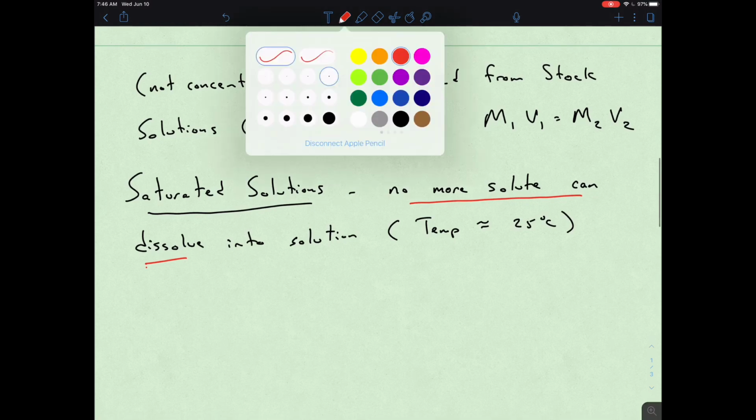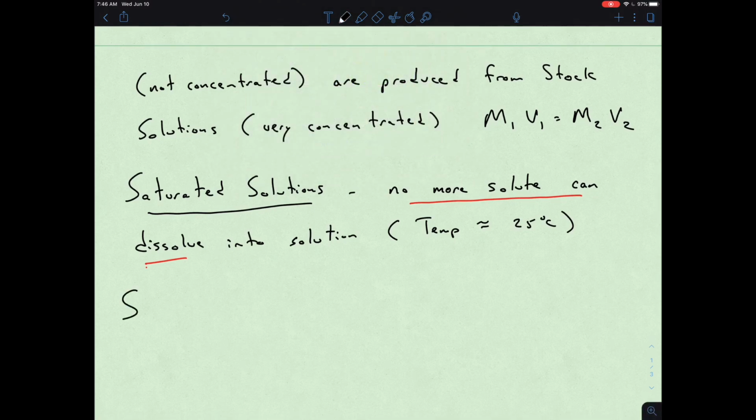We then can get to supersaturated solutions.